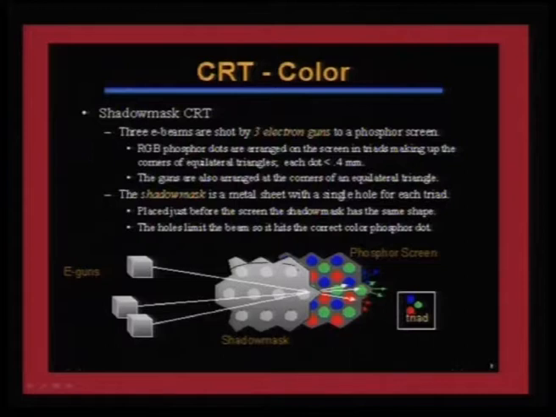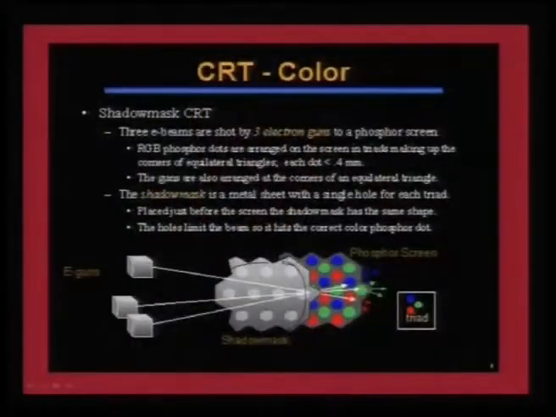So, we will see how this shadow mask will work, and in case you have a shadow mask like this, which is in the gray image, then in a typical CRT color monitor you would not use just one gun, but you would use 3 guns, and each one of this gun is maintained at a different potential to excite the corresponding color. So, the colors are actually made like triads.